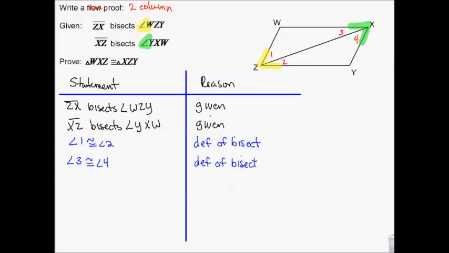Okay, so now I have that this angle and this angle are the same. This angle and this angle are the same. And I'm looking for angle, side, angle, so I just need the side between those angles to be the same. And looky there. It's the exact same line, it's itself. So we throw that in there.